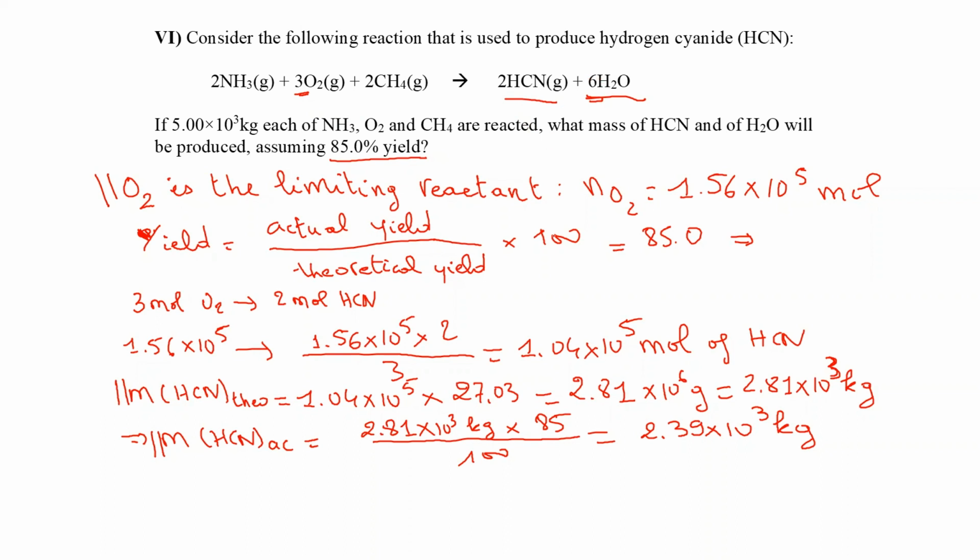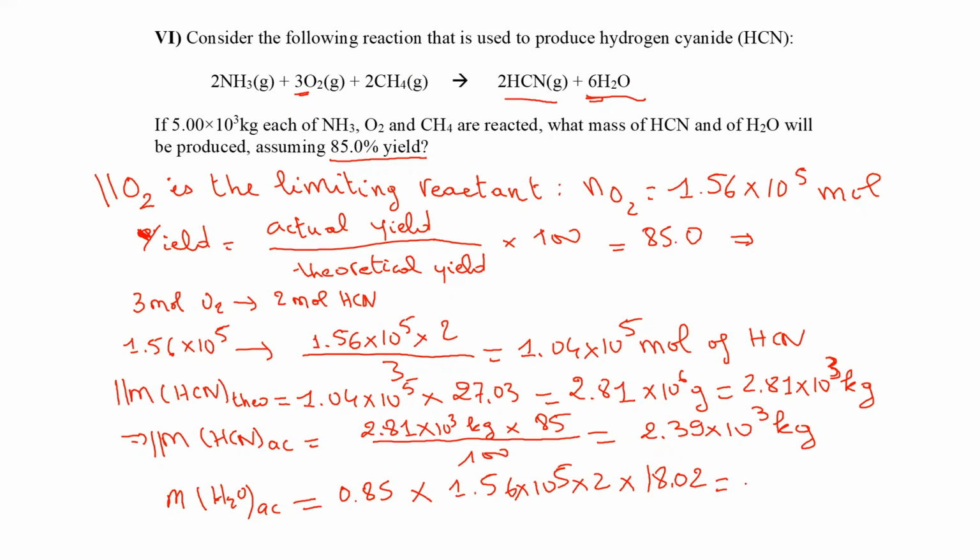And I need to take into account the fact that you have the theoretical yield. So you can use a similar process to know that the mass of water actual will be equal to 0.85, which is the yield, so 85 divided by 100, multiplied by 1.56 × 10^5, 2 times, like from the stoichiometry, and you multiply it by the molar mass of water, which is 18.02.